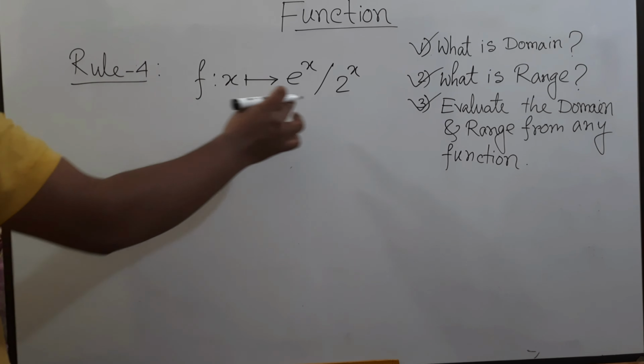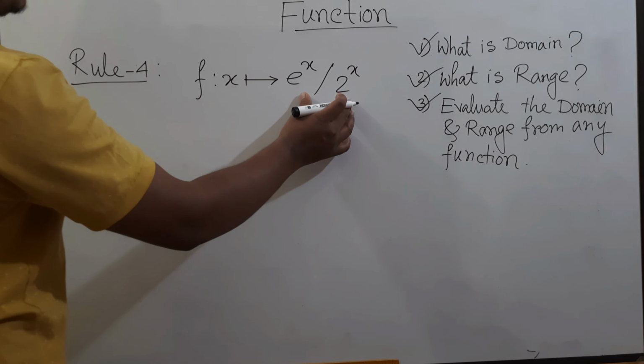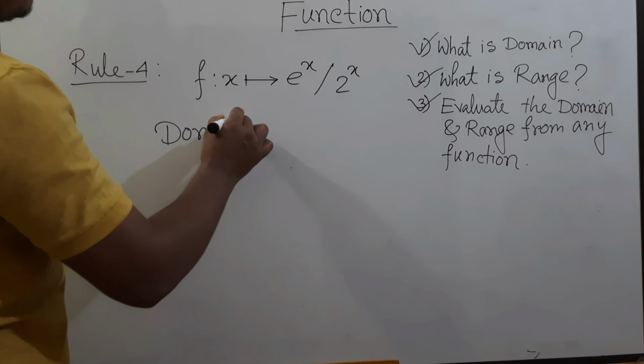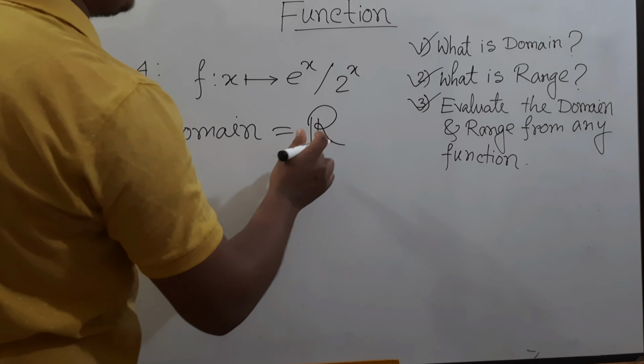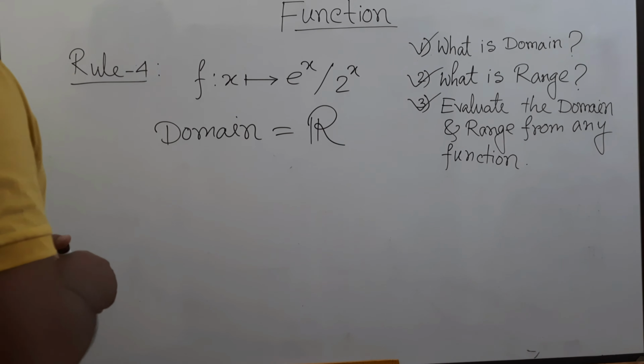So what will be the domain and range? For an exponential function, the domain is always all real numbers. That means for all real values of x, the function will be defined.